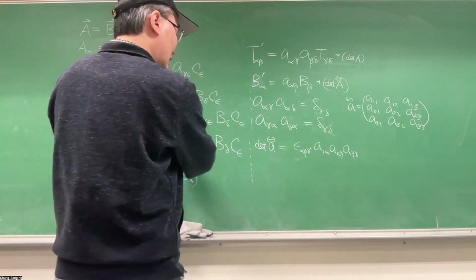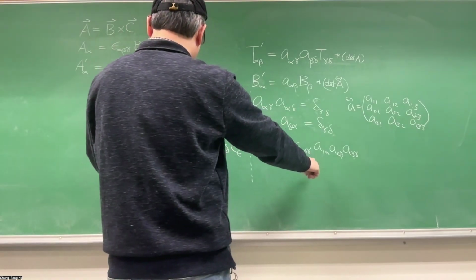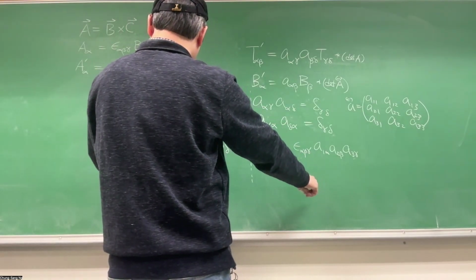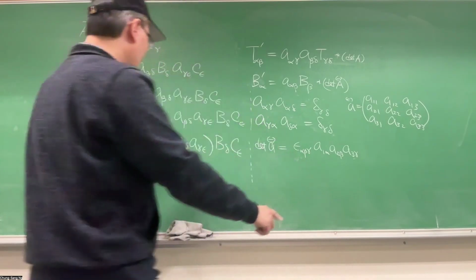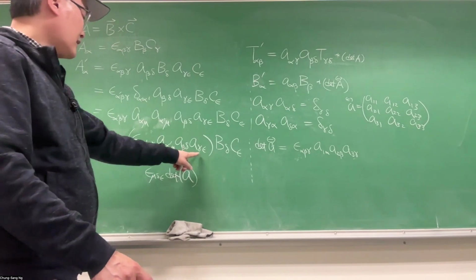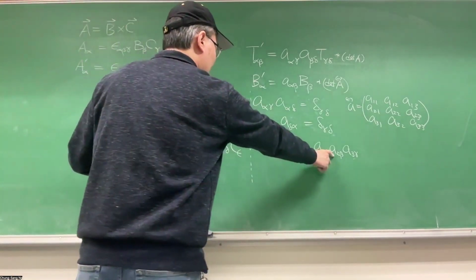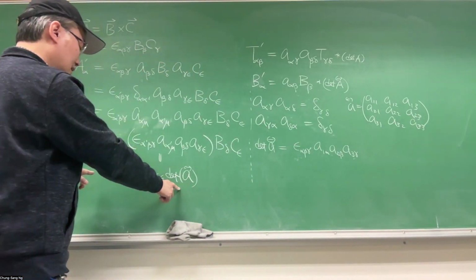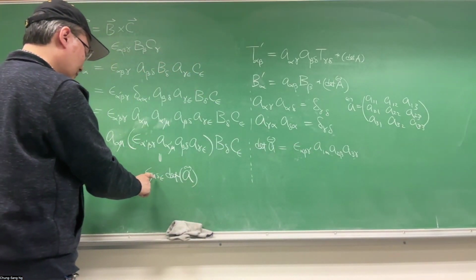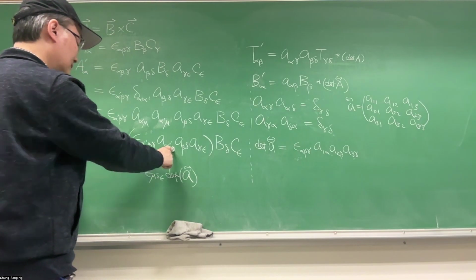So this object is like that, but assuming you have alpha prime beta gamma of the right cyclic order. If alpha prime beta gamma is 1, 2, 3, this is 1, then this is a determinant, because this mu delta epsilon is also in the right order.